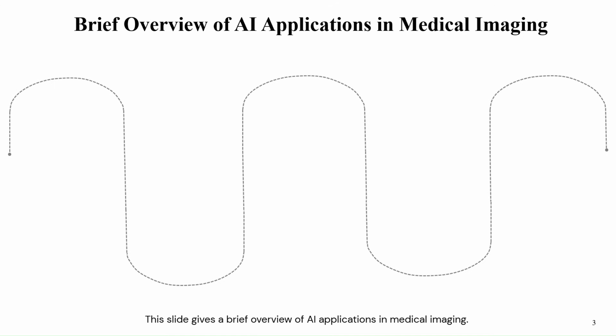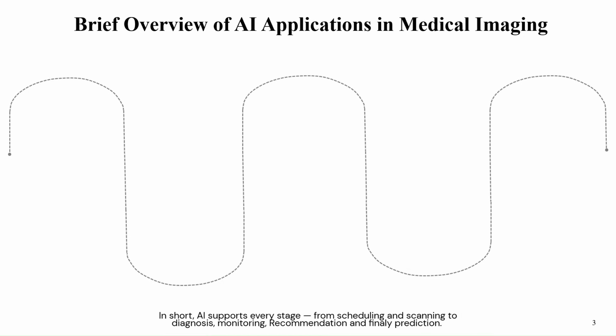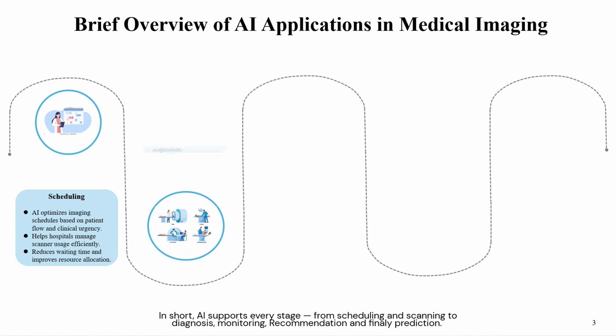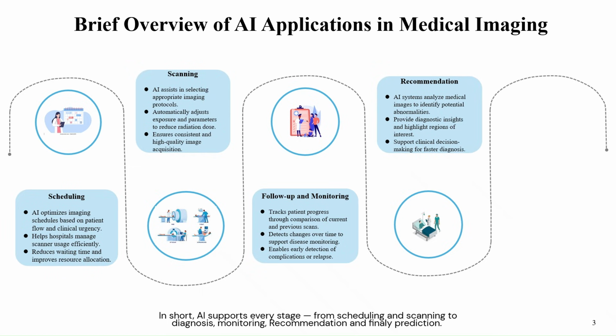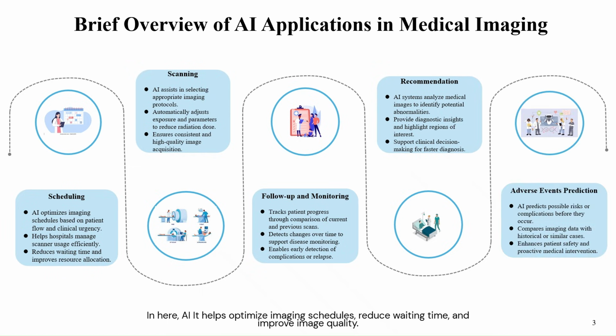This slide gives a brief overview of AI application in medical imaging. In short, AI supports every stage from scheduling and scanning to diagnosis, monitoring, recommendation, and failure prediction. Here, AI helps optimize image scheduling, reduce waiting time, and improve image quality.